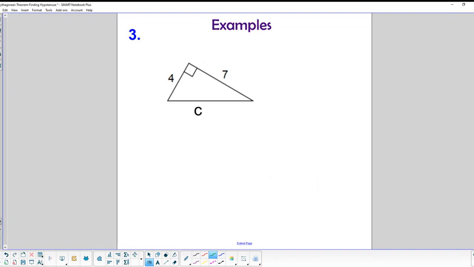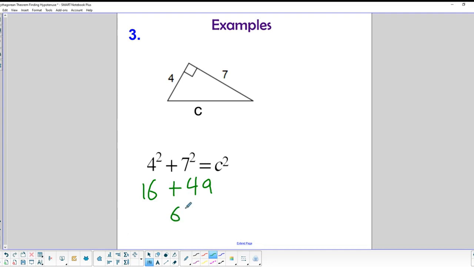On this one, we've got a couple more dimensions. So if we do A squared plus B squared equals C squared, we end up with 4 squared plus 7 squared equals C squared. And 4 squared is 16. 7 squared is 49. And what's 16 plus 49? Well, grab our calculator. 16 plus 49 equals 65.